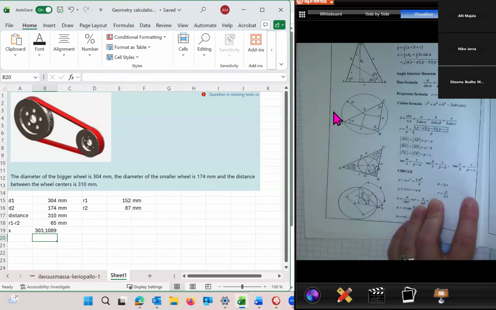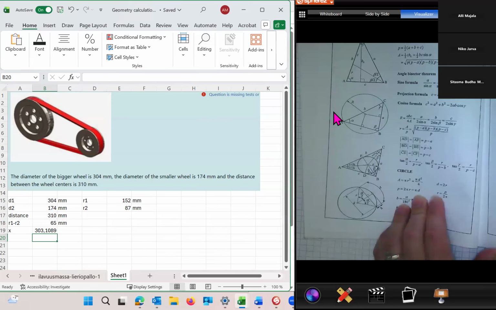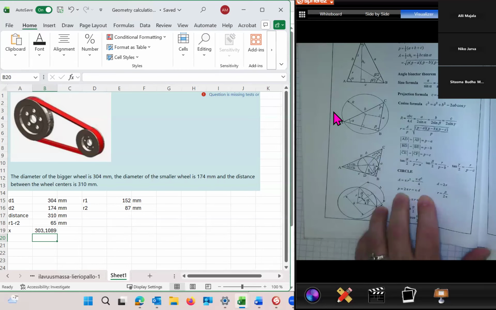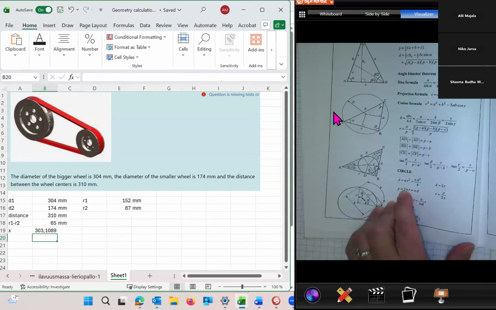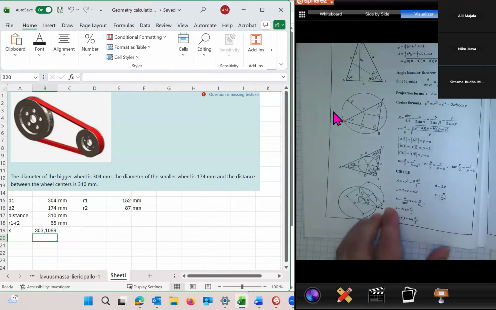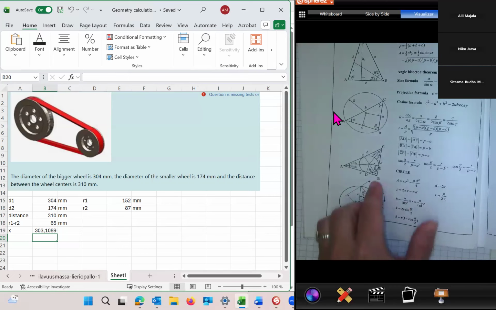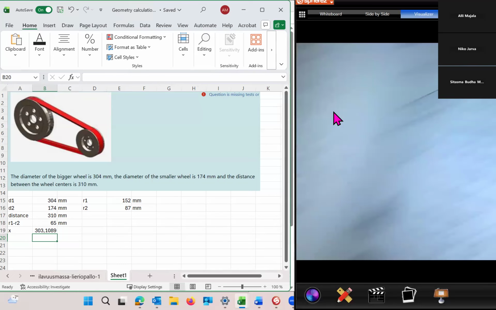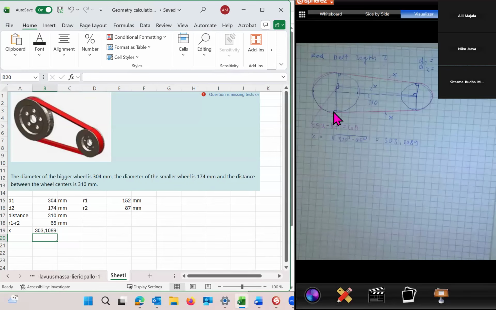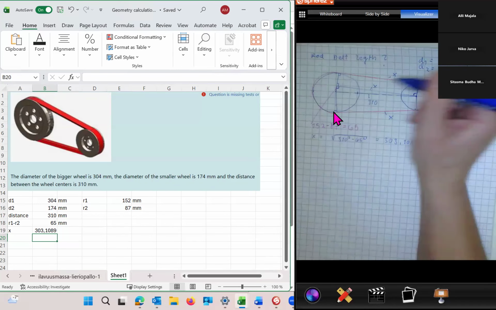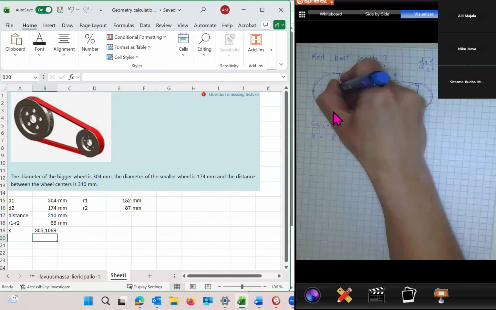It is 2p times the diameter. And then if you know the angle there, you can calculate the length of the arc. So this is then fairly easy. So we have to know the angle here, this angle here.